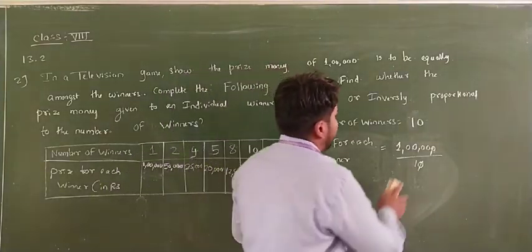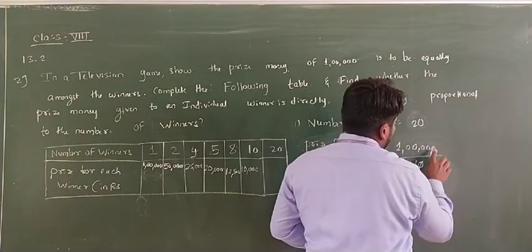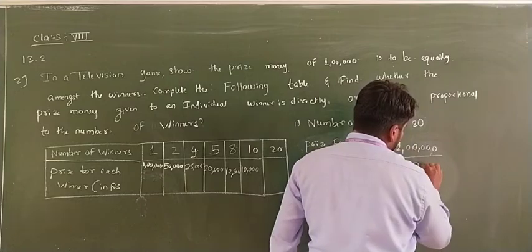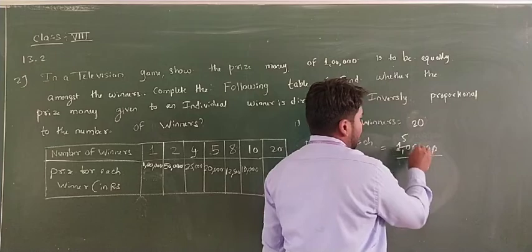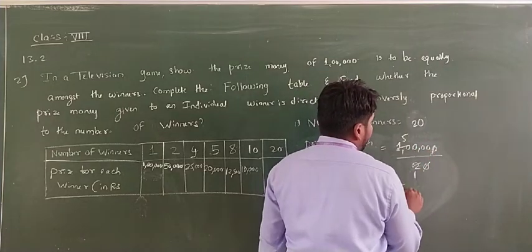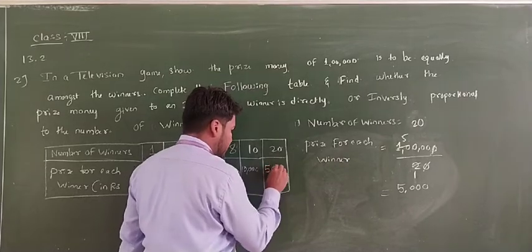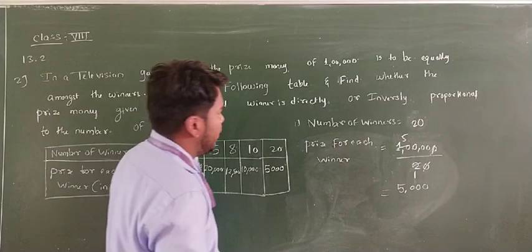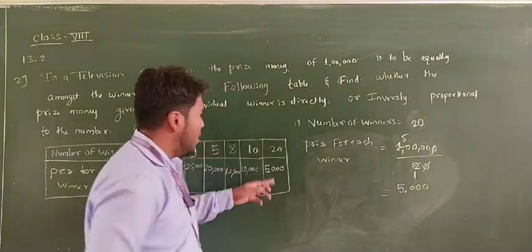If the number of winners is 20, the zeros get cancelled, 2 fives are 10, so the remaining is 5,000. If the number of winners is 20, each winner gets 5,000.